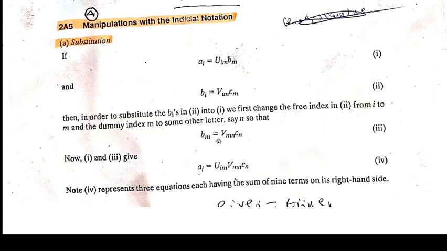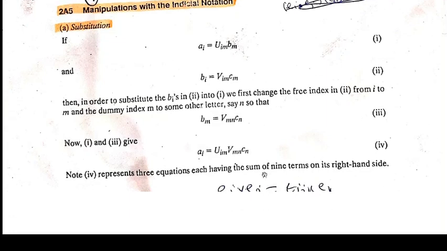So we have bm equal to vmn cn. The meaning of 2 and 3 is the same: if you calculate b1 from 2 and b1 from 3, they will be exactly the same. They cannot be different from each other. Now we are in a position to use this bm in equation number 1. By using this bm in 1, we have simply ai equals uim vmn cn.